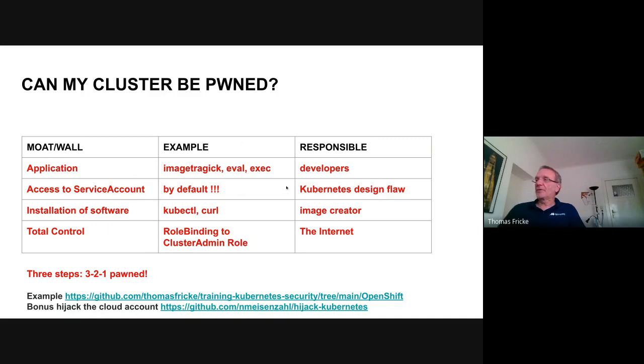In Kubernetes, up to 1.23 we had the service account token by default. And I claimed this is a Kubernetes design flaw, and they fixed it in 1.24, which is the story one slide later. And then with these typical images, the image creators are not very careful. Most of the images have some kind of vulnerability.